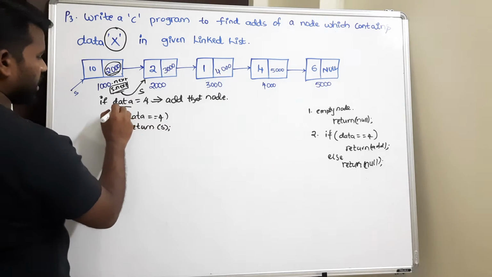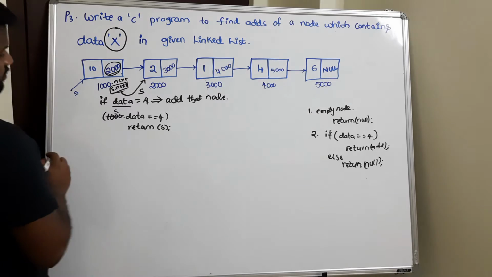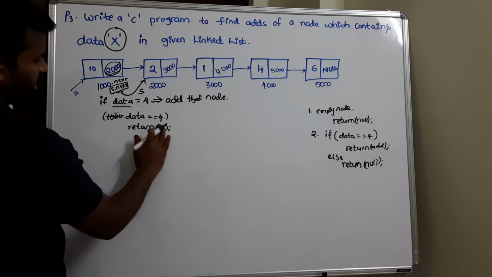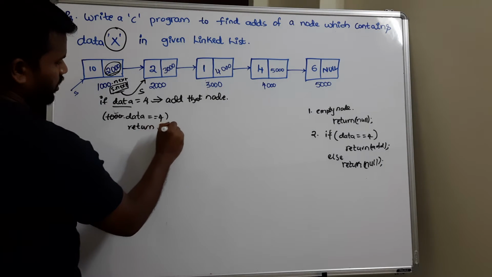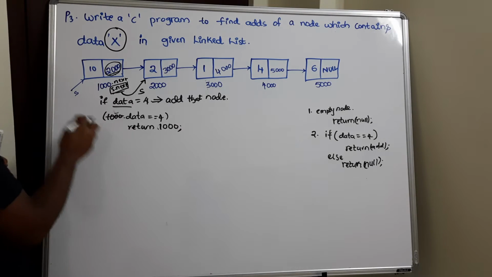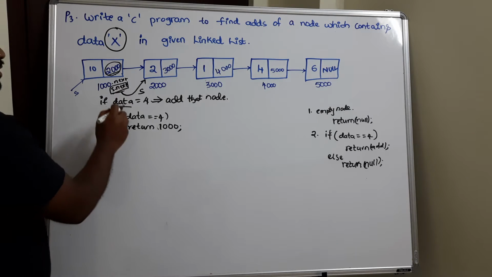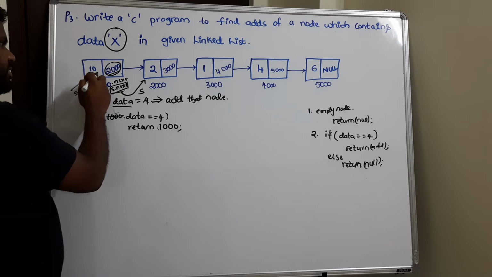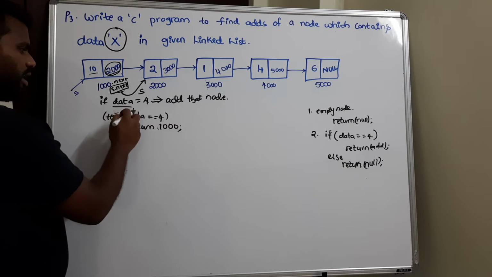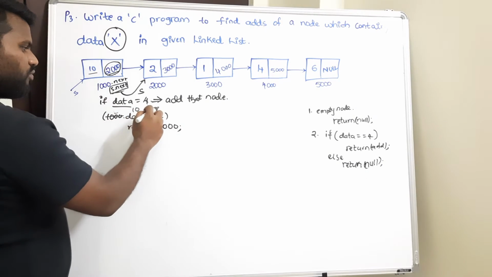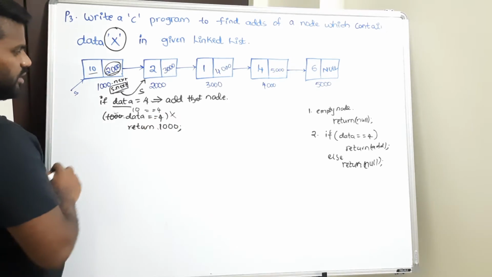That is 1000. I will return 1000, right? So it is 10, and 10 equal to 4.